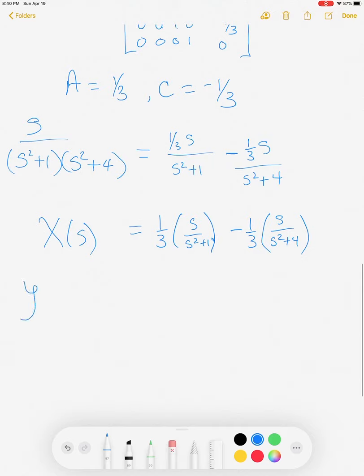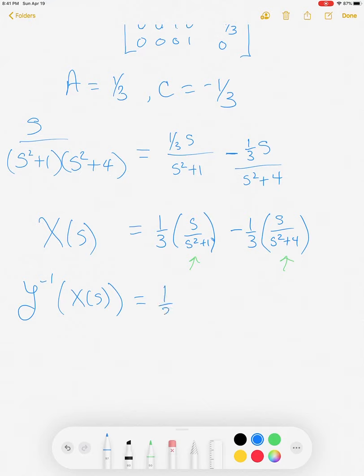So then when I do the Laplace inverse of X of s, I have to figure out what the Laplace transforms for each of these two things are. And so when I look on my table, I see that s over s squared plus 1 is cosine of kt, where k is equal to 1.